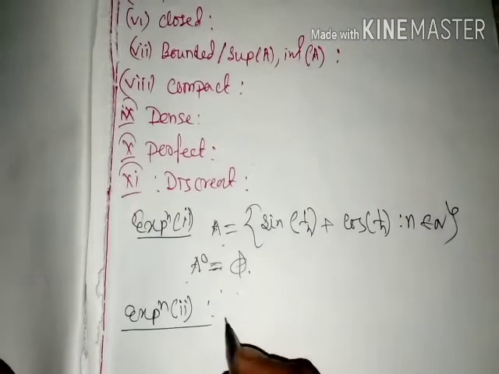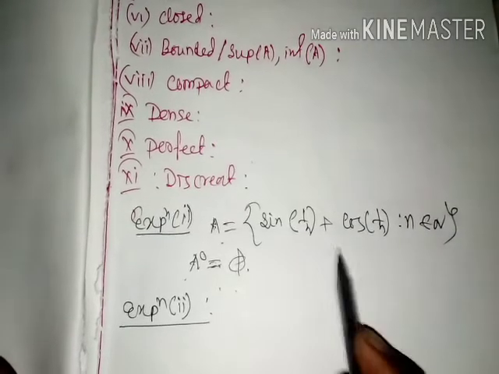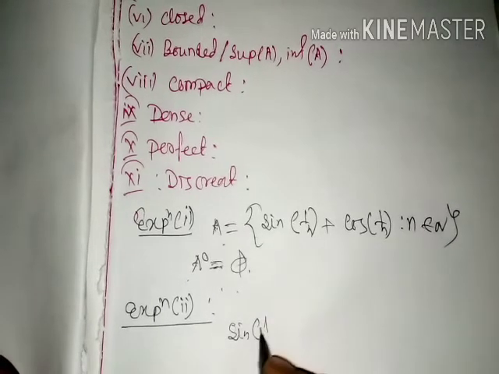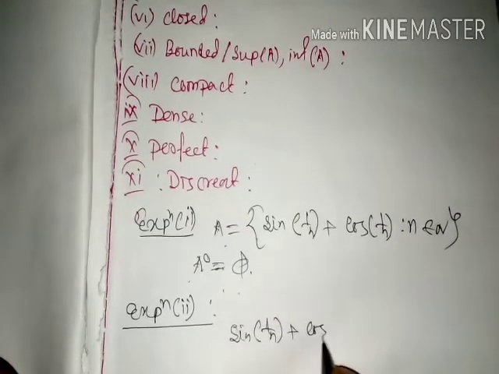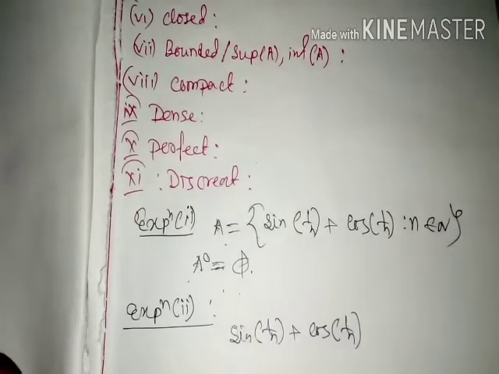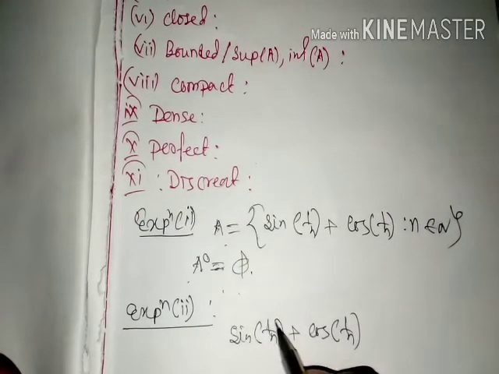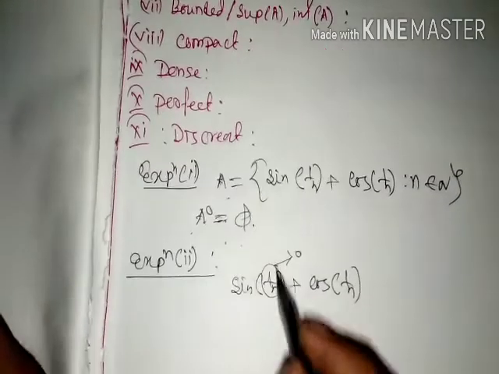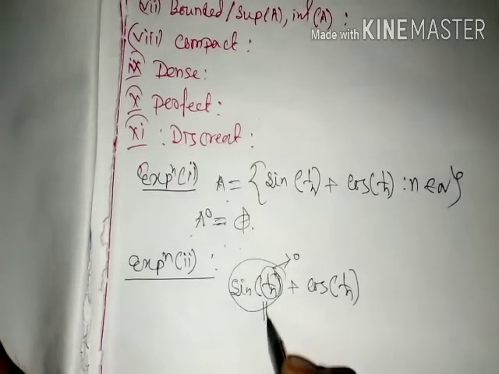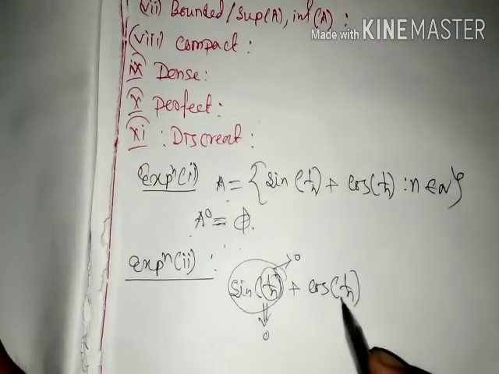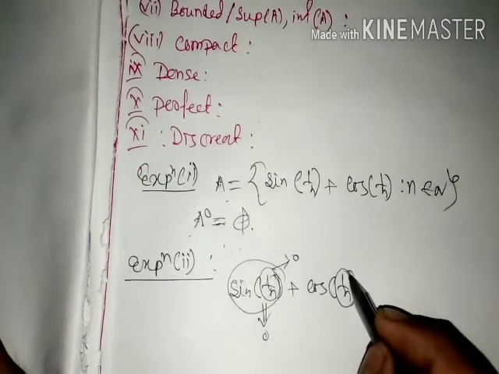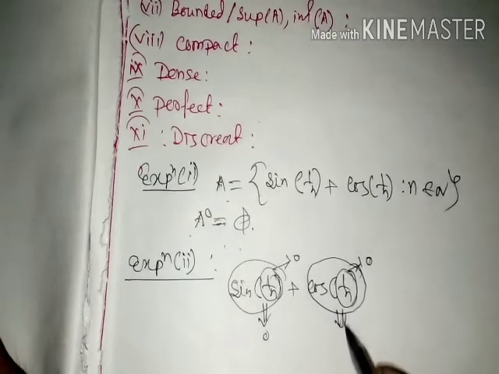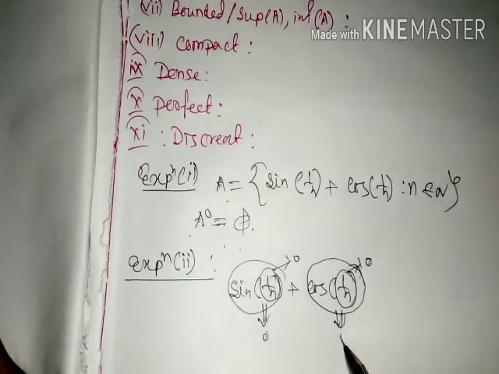Given A equal to sin(1/n) + cos(1/n). As n tends to infinity, 1/n goes to 0. That's why sin(1/n) goes to 0, and cos(1/n) goes to 1.